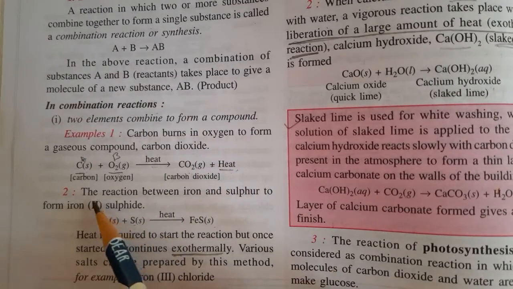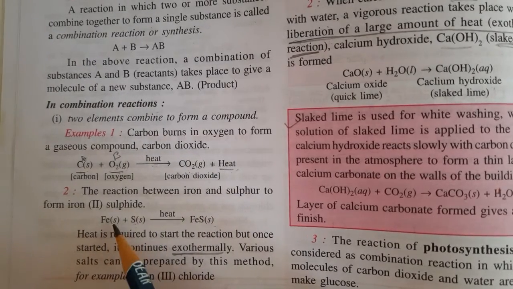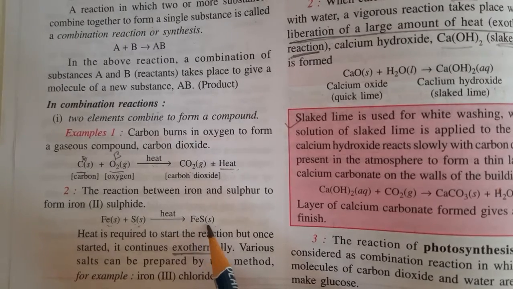Second reaction, the reaction between iron and sulfur to form iron sulfide. When we heat iron plus sulfur at the beginning, it converts into iron sulfide.